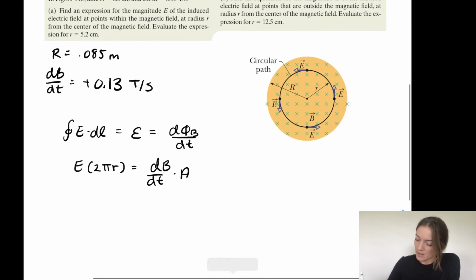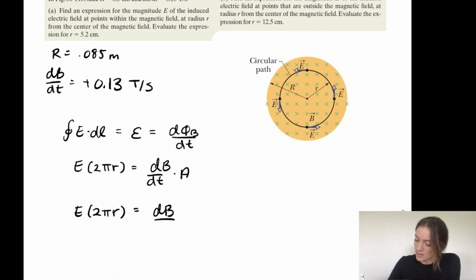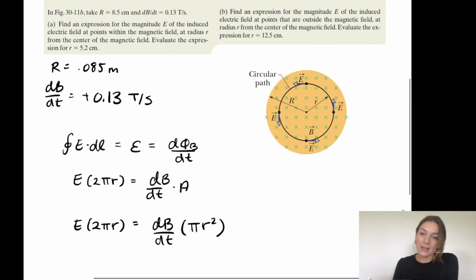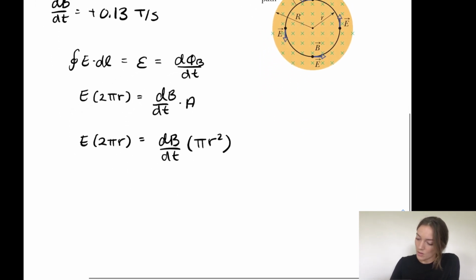So let me rewrite this as E times 2 pi r is equal to dB/dt times the area, and my area is just pi r squared, because it's just the area enclosed by this loop of radius little r. So now I can just solve for E, sort of just like how we did in Gauss's law and Ampere's law. I'm just going to divide both sides by 2 pi r.